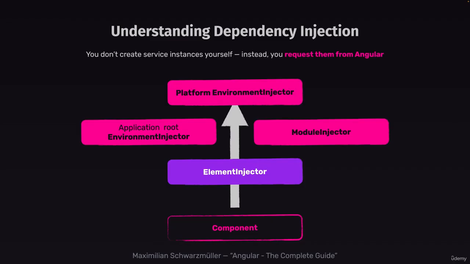And if it doesn't get one from there, it moves up to the application root environment injector or the module injector. And if it doesn't get a service instance from there, it moves up to the platform injector. And if it doesn't get one from there, it moves up to that null injector and gets an error.